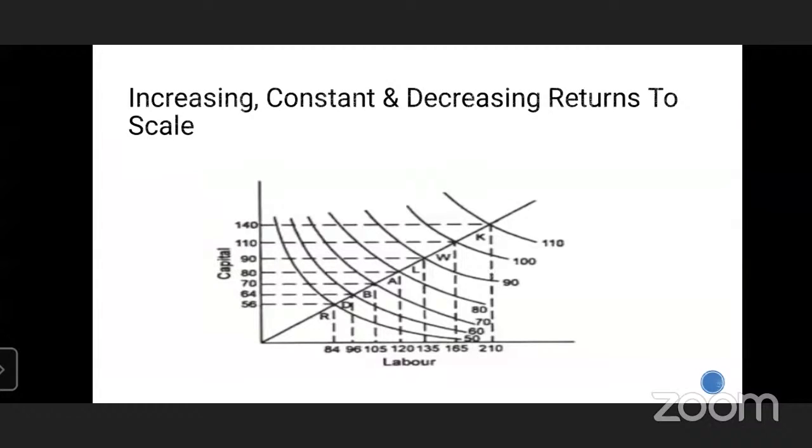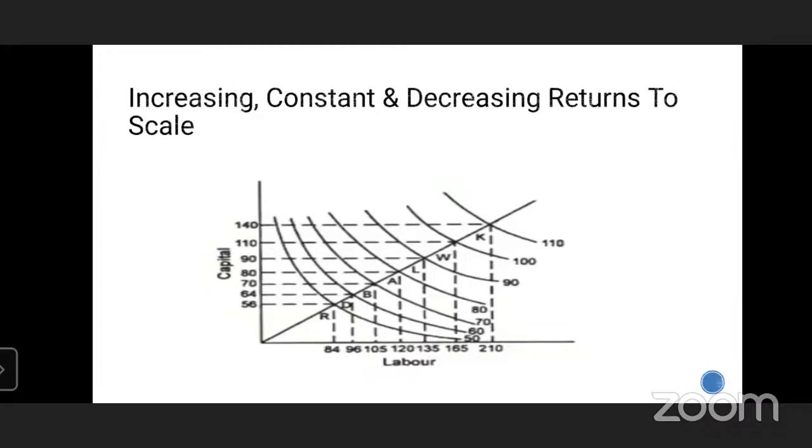So first we wanted 8 units, then we wanted 6 units. 6 why? Because 64 to 70 capital has increased. You see the y-axis. So here the units of input required to produce the same output are decreasing. That is, its efficiency is increasing. Efficiency is nothing but returns to scale.